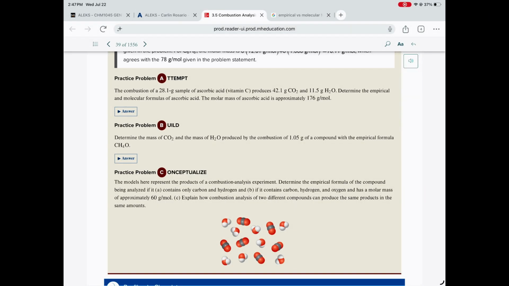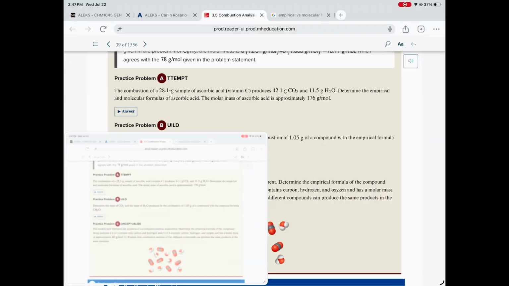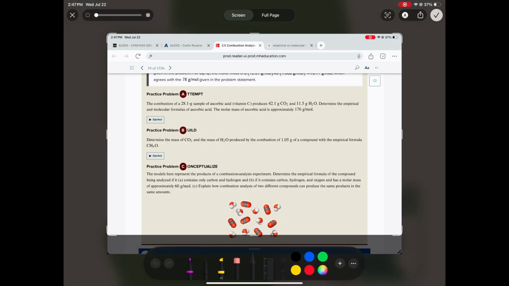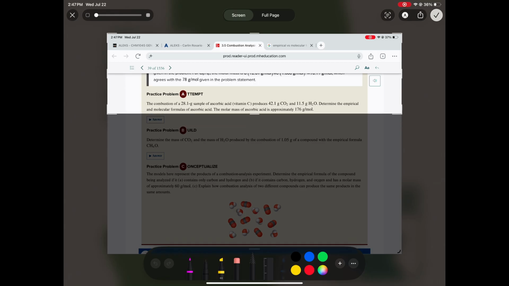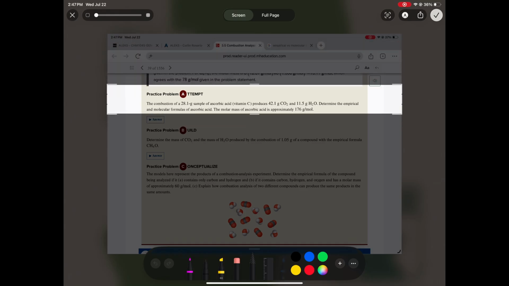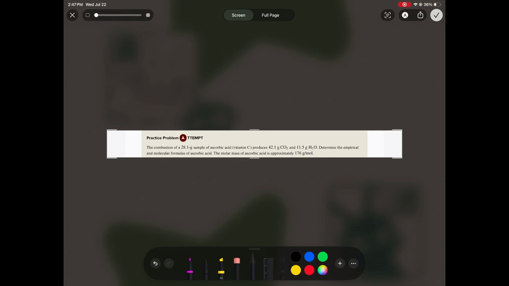All right, so I went ahead and opened up the textbook to pull up a problem. We're going to go with practice problem A. It's the combustion of a 28.1 gram sample of ascorbic acid produces 21.1 grams of carbon dioxide and 11.5 grams of H2O.